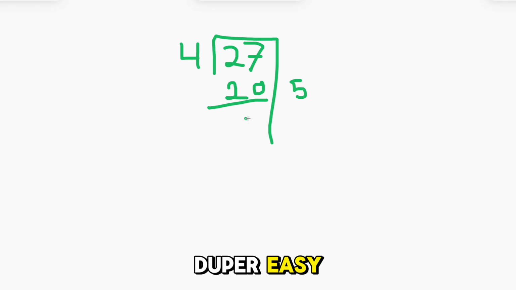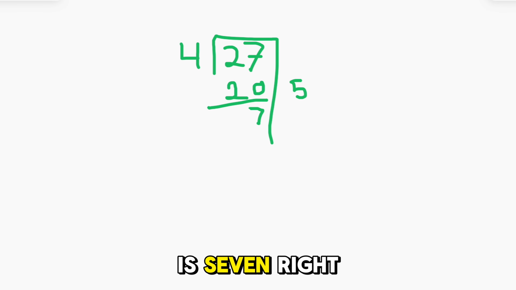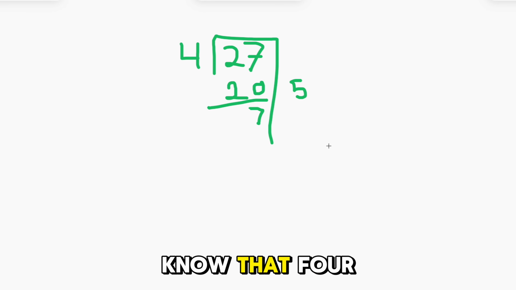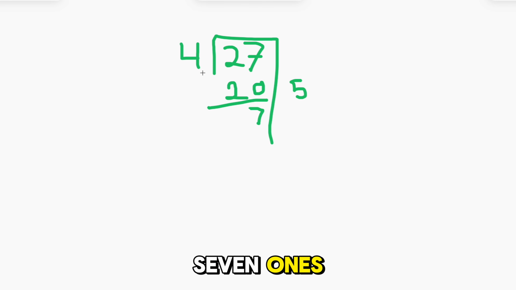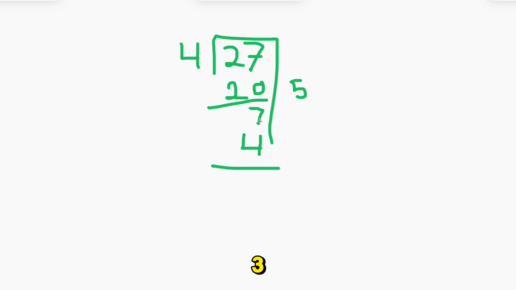Super easy. Sorry, I didn't mean to put that dot over there. 27 minus 20 is 7. So now I know that 4 times 2 is 8, so that's going to be too much. But I do know that 4 can go into 7 once. So 7 minus 4 is 3.